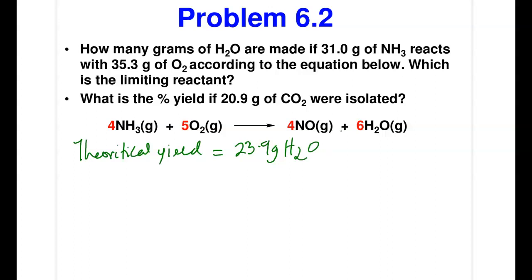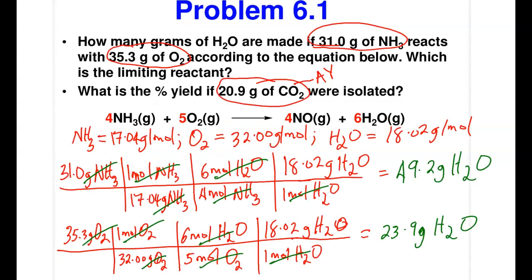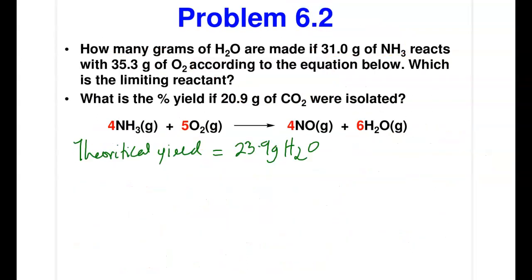And why did I get that? Because oxygen is the limit. Look at this. Oxygen yielded that. Therefore, oxygen is the limiting reactant. So the limiting reactant, I can write it in full, is oxygen.